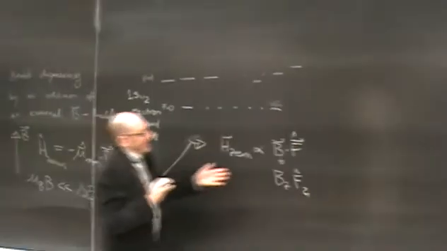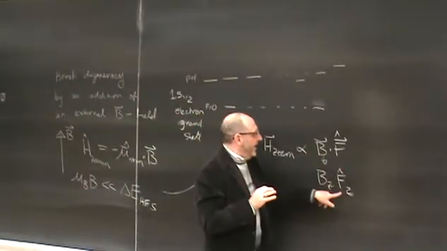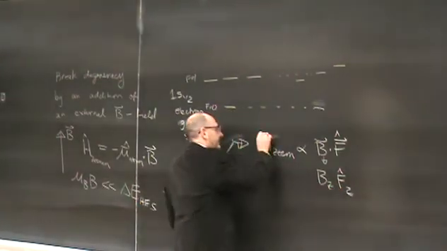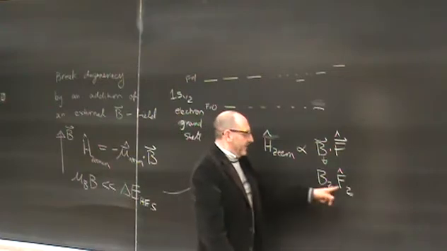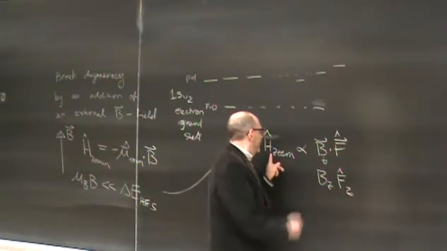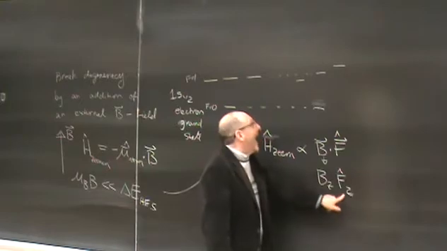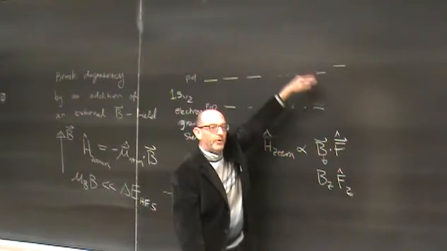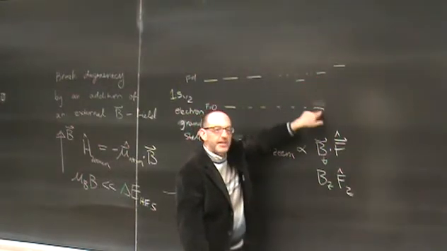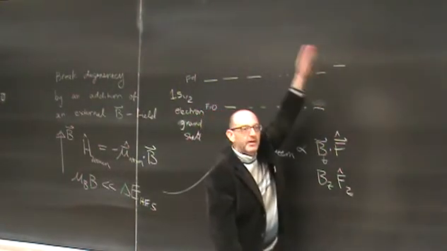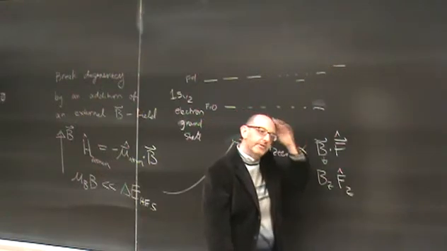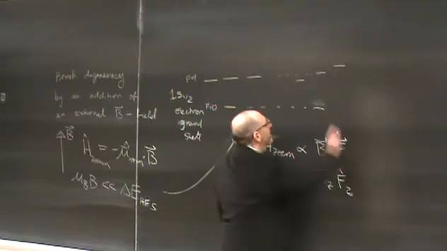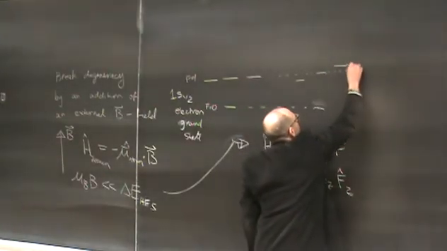That's our choice. Then this Zeeman interaction, which is an operator, is diagonalized in the m sub f basis. And so I just get a shift proportional to m sub f. The m sub f equals 0 don't shift. And the m sub f equals 1 goes one way, the m sub f equals minus 1 goes the other way, depending on the direction of the B field. And the splitting is then known as the Zeeman splitting.